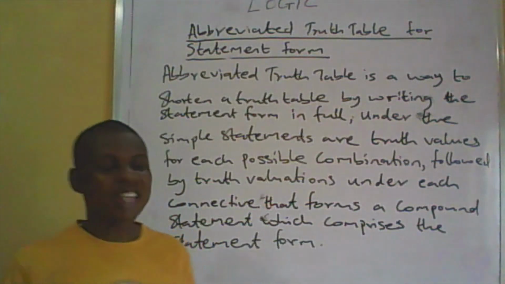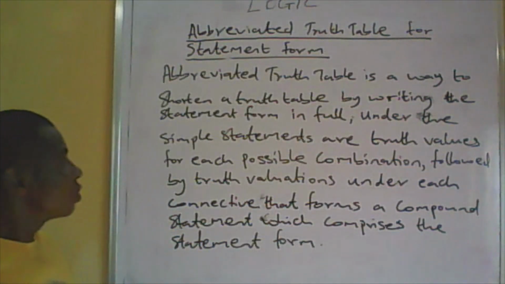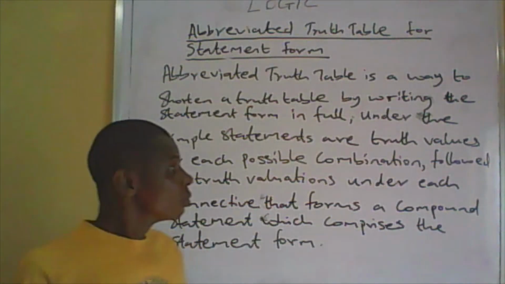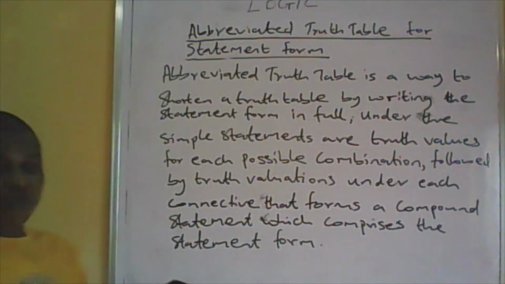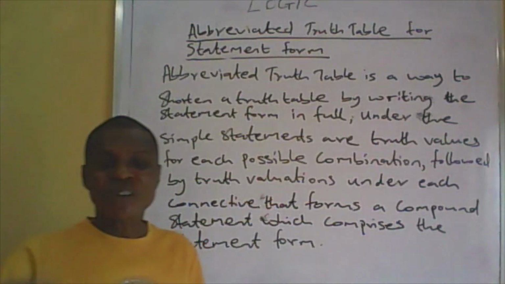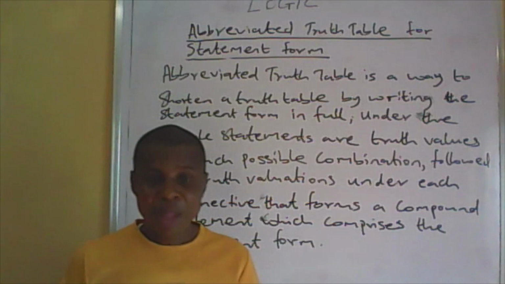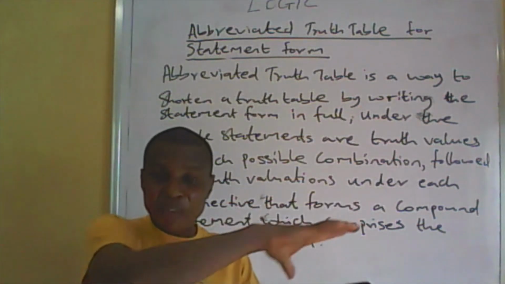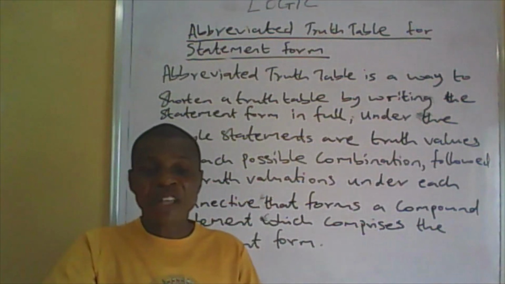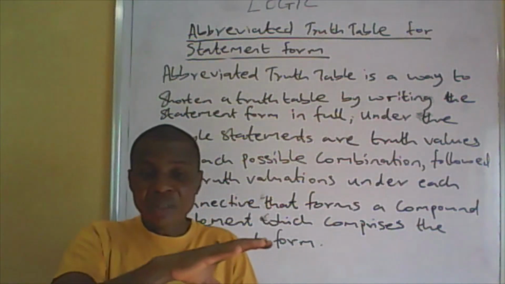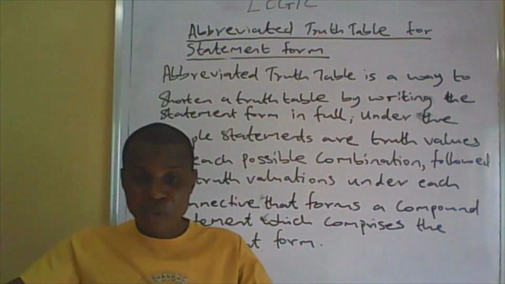We say that it's a way to shorten a truth table by writing the statement form in full. That means it's a way in which we shorten our truth table by writing the statement form that you want to write the truth table for, in full.